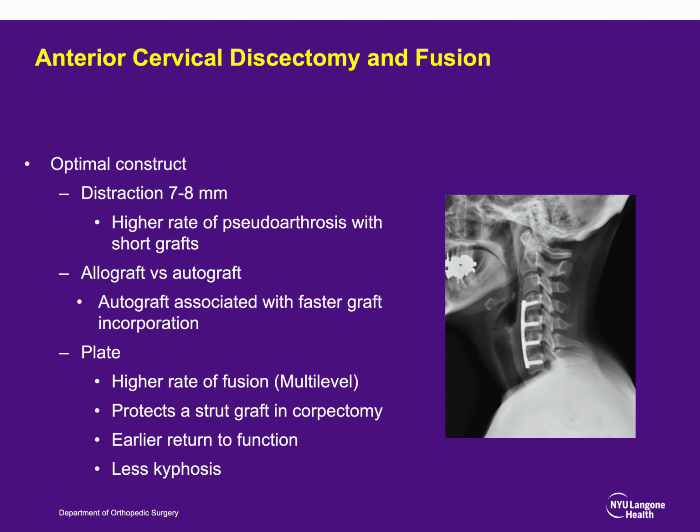Addition of a plate results in higher rate of fusion, especially in multi-level. It can also protect the graft material in cases of corpectomy where the construct may be unstable. It leads to negating the use of a collar in certain patients, and it is often noted that the overall result of the fusion will lead to less incidence of kyphosis.